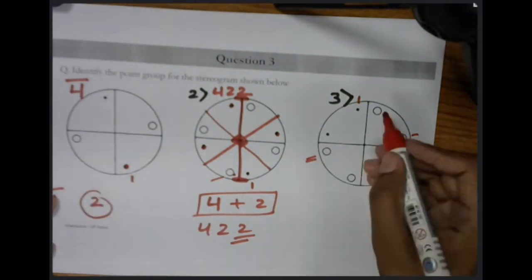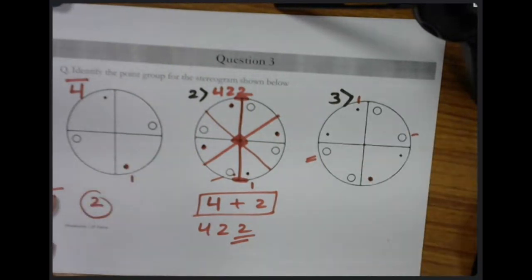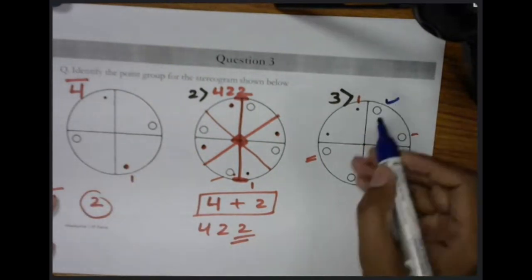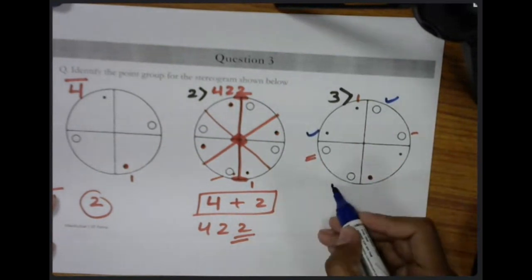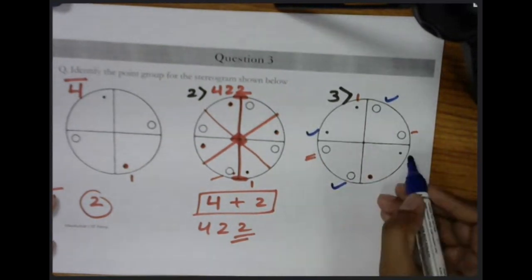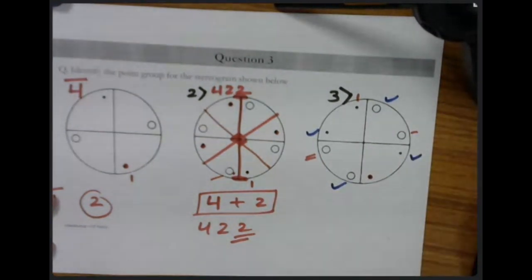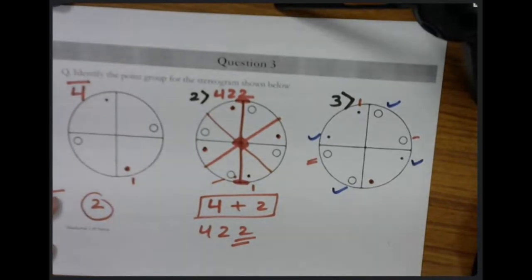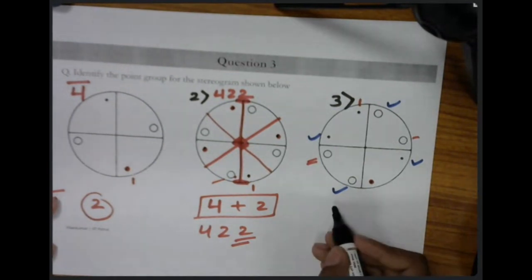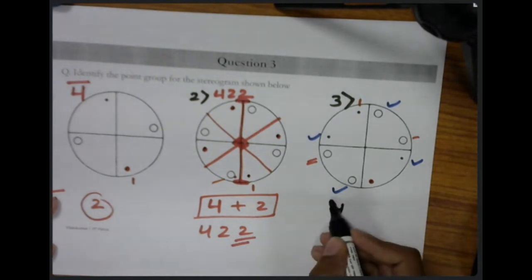Now, how to generate these additional points, which we have not generated yet? Right. So 4 bar is there, that is definitely.